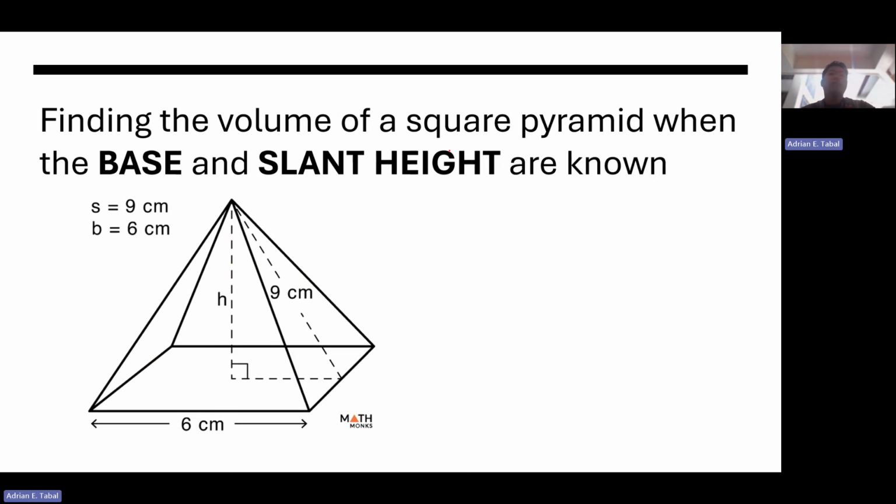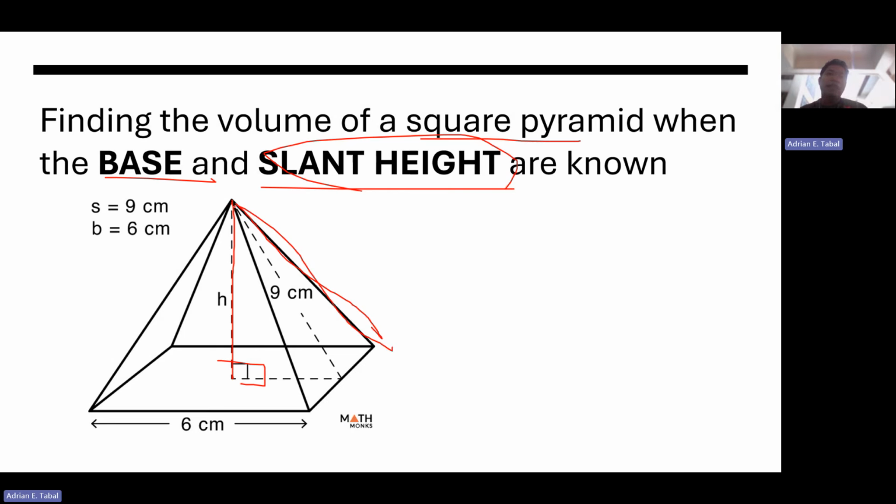Next, to find the volume of a square pyramid when the base and the slant height are known. What's the difference between slant height and height? The height is the measurement from the tip of the pyramid to the base, and it always makes a 90-degree angle. That is the height. But the slant height is not the same as the edge.